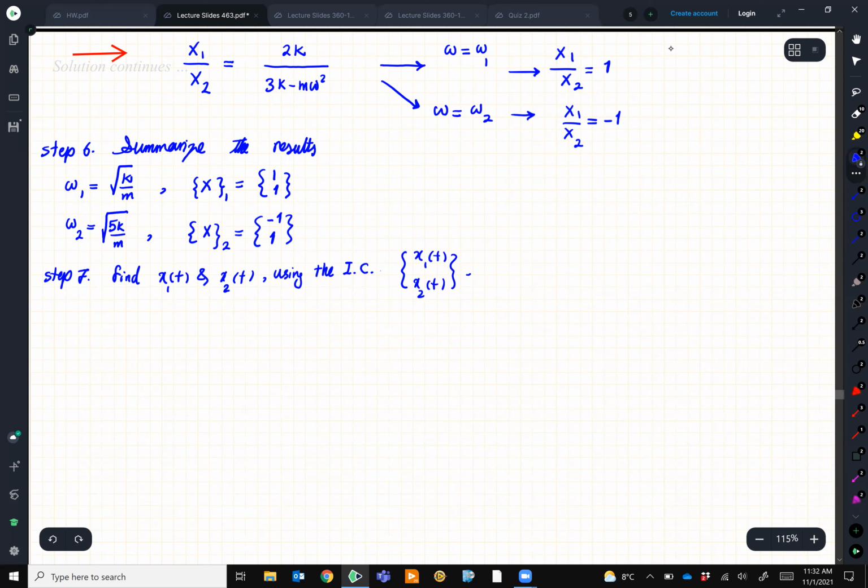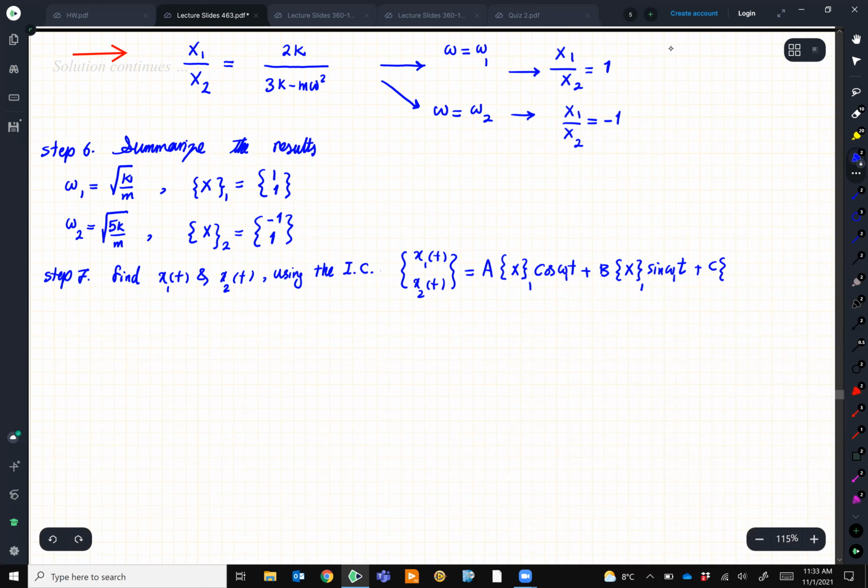is equal to a constant times mode shape 1 cosine omega 1t plus b, still mode shape 1, sine omega 1t. If I had a 1 degree of freedom system, that was it. I had only a cosine plus b sine, but we have another natural frequency.